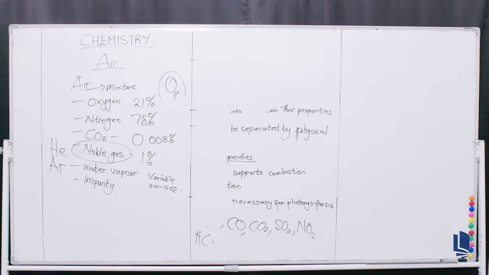And so to the properties, since it's a mixture, we'll be talking about properties of each element. Oxygen supports combustion. Oxygen is necessary for breathing, that's respiration. Carbon dioxide is essential for photosynthesis. Helium is used in filling balloons. Argon is used in electric lamps.